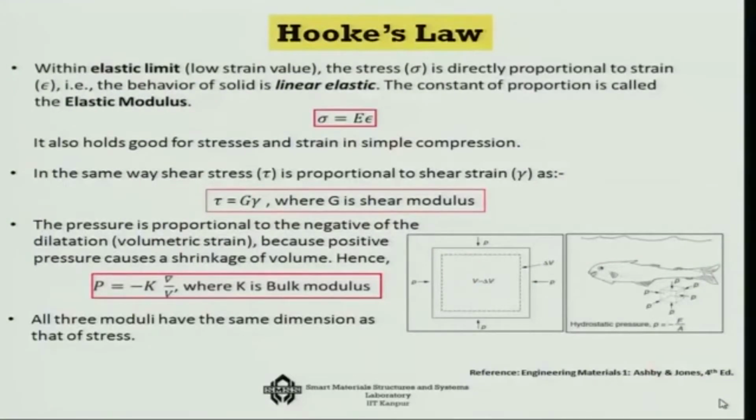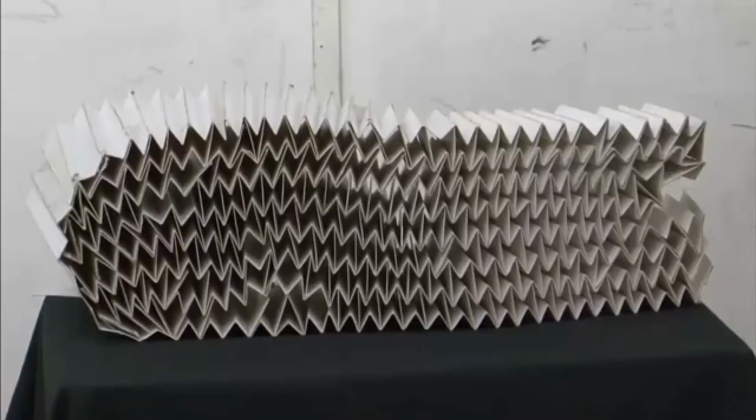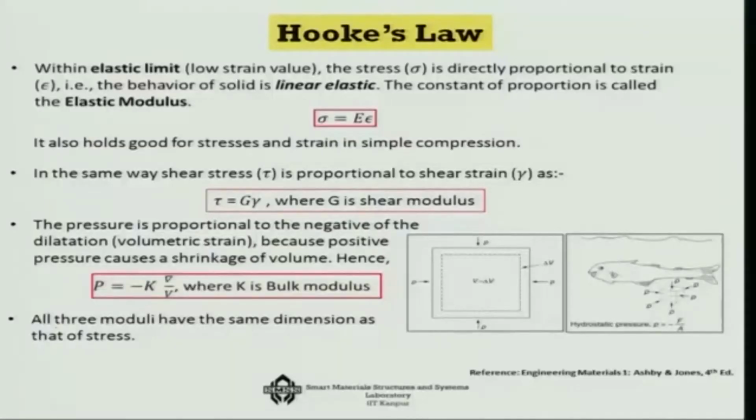Now, we also have talked about stress and strain. The stress and strain are related by something which is known as Hooke's law. Okay. Hooke's law can be considered as a relationship between a single stress factor and a single strain, or in a generic sense between a stress tensor and a strain tensor.